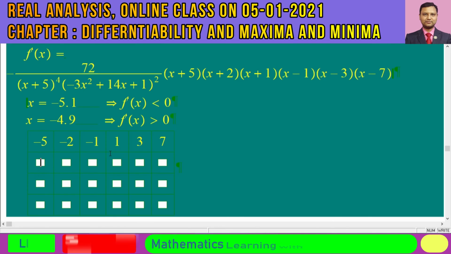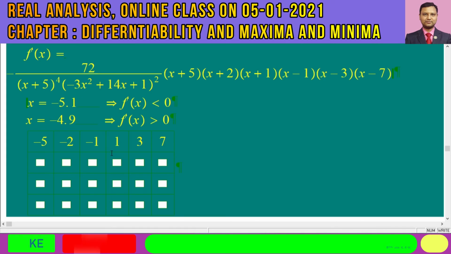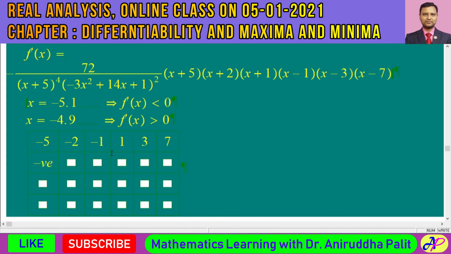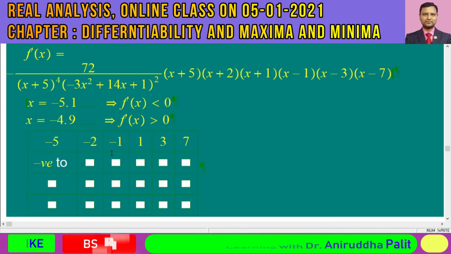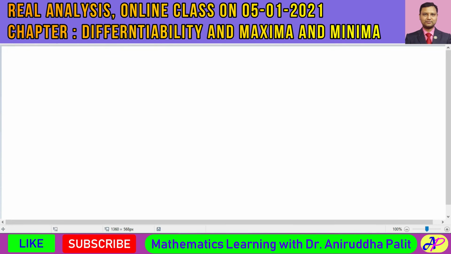So we can say that the derivative f dash would change its sign from negative to positive. So the derivative changes its sign from negative to positive. And look at this picture.